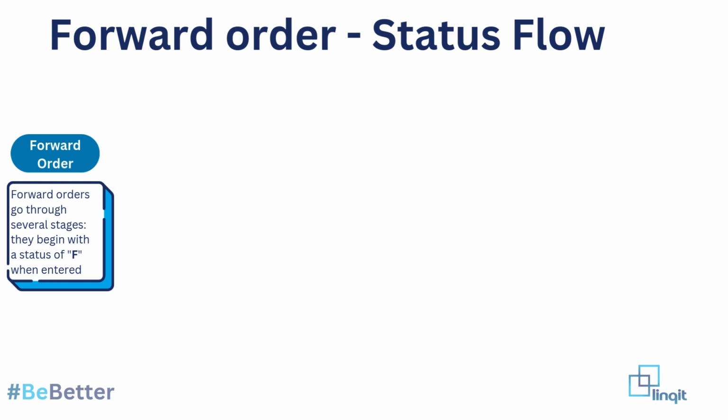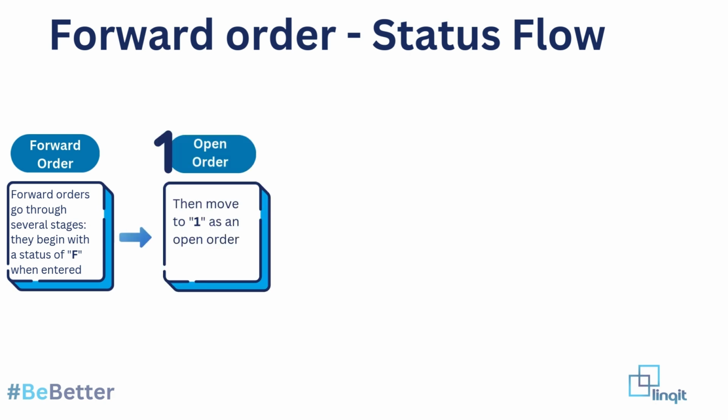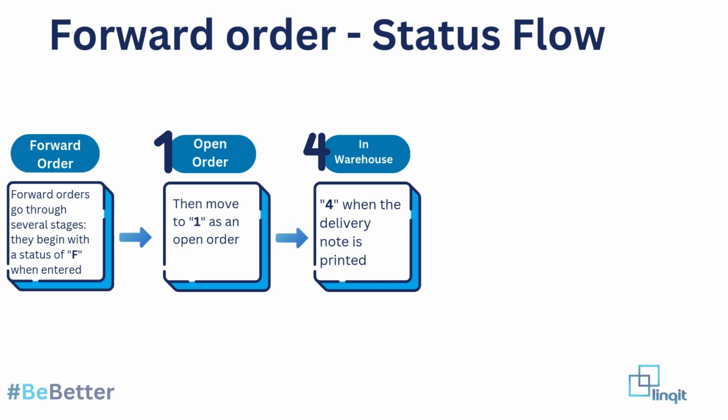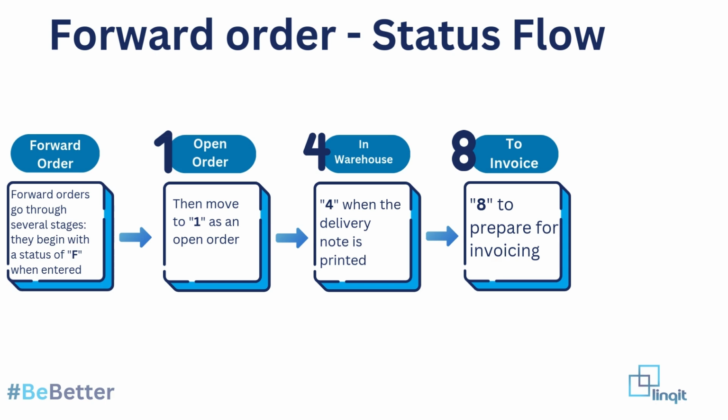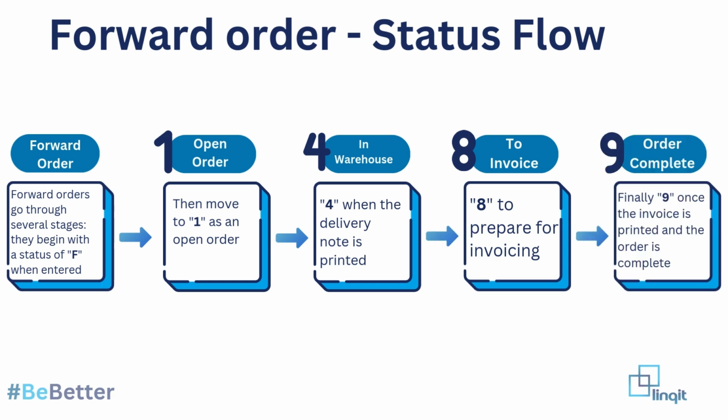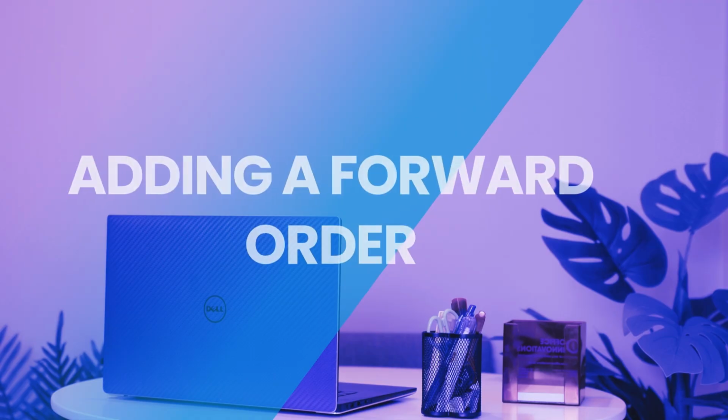They begin with a status of F when entered, then move to 1 as an open order, 4 when the delivery note is printed, 8 to prepare for invoicing, and finally 9 once the invoice is printed and the order is complete.